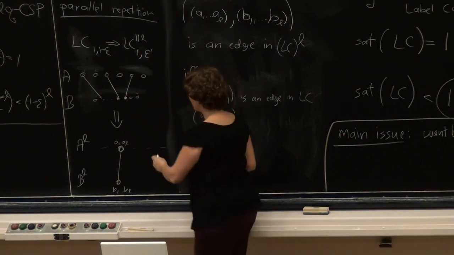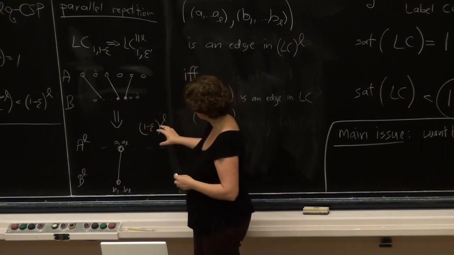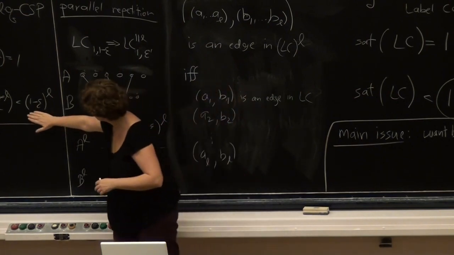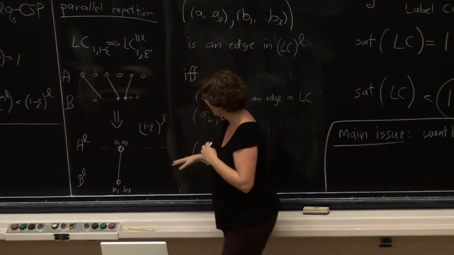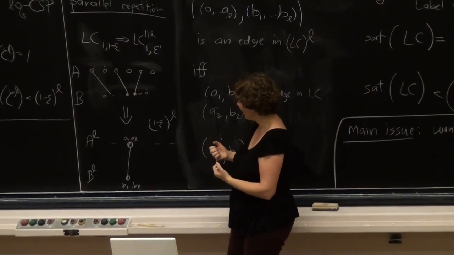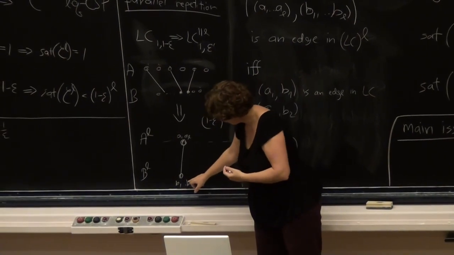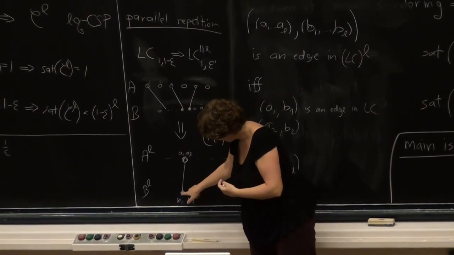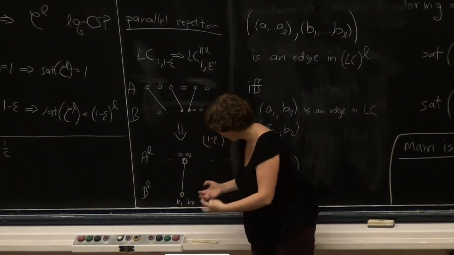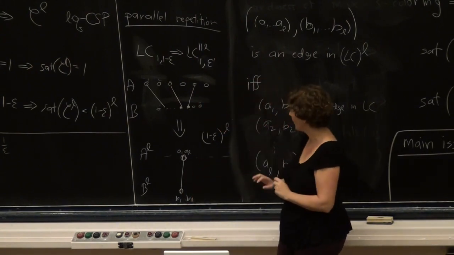So you would expect that no more than 1 minus epsilon to the L fraction of the edges can be satisfied, like in the sequential repetition, but that's not true. In fact, there is a way to cheat: since the assignment sees the whole L tuple together, it can use some correlation to get better results. And all of this Ran will talk about.